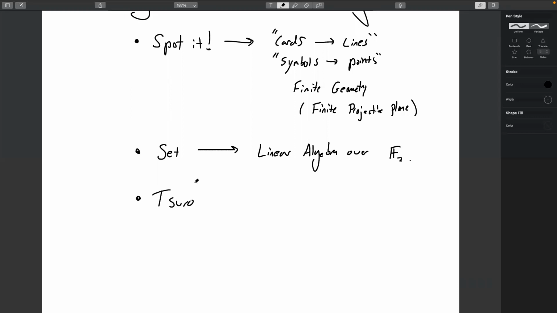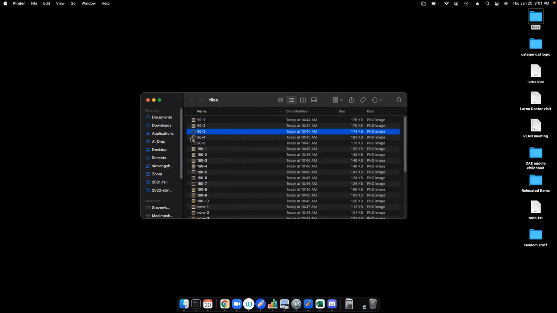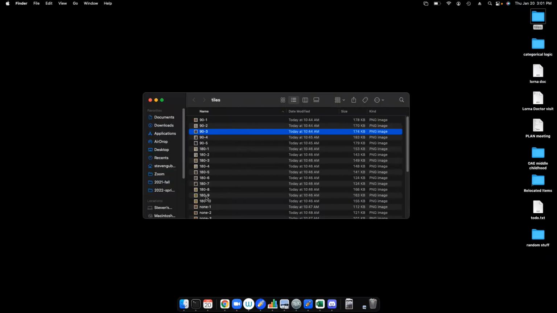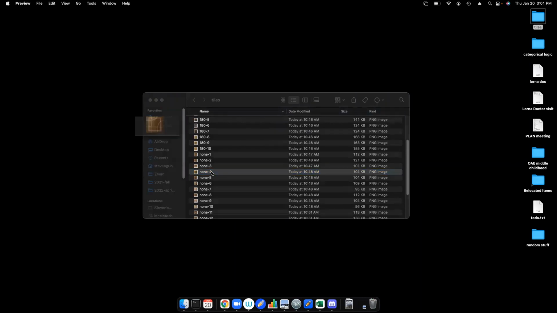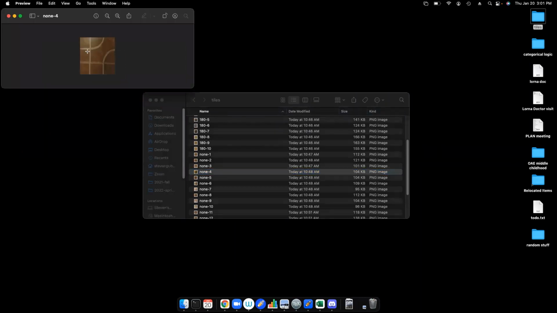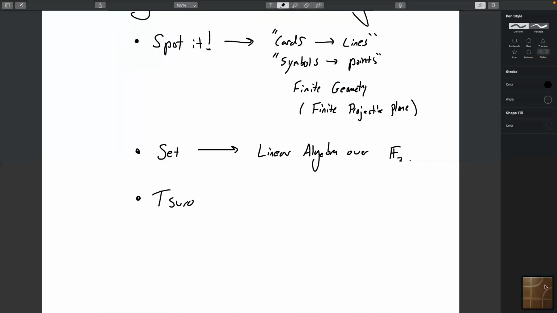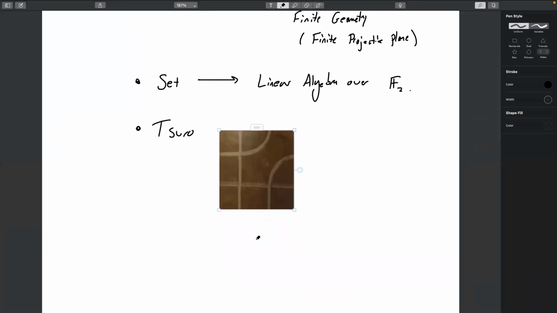So here's the game. It's a pretty fun game, okay? The way the game works is that there's a bunch of tiles. I'll show you just one of the tiles at random here, and I'll copy it into the talk. So here's one tile, and there's a whole bunch of these tiles.